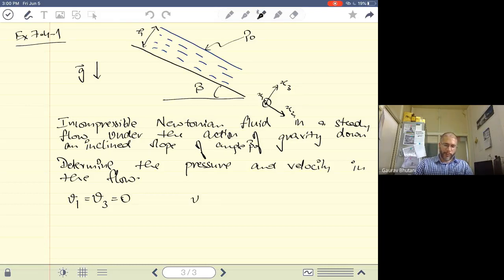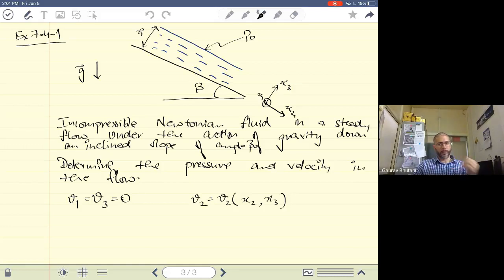That is, v2 is the only component of velocity that exists, and also that v2 is a function of x2 and x3 only. Okay, so the velocity in the x2 direction does not depend on the x1 direction. Again, because of the geometrical symmetry of the problem, it won't come out of the plane or inside the plane of the paper.